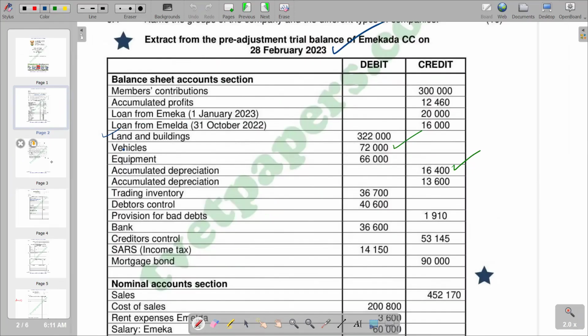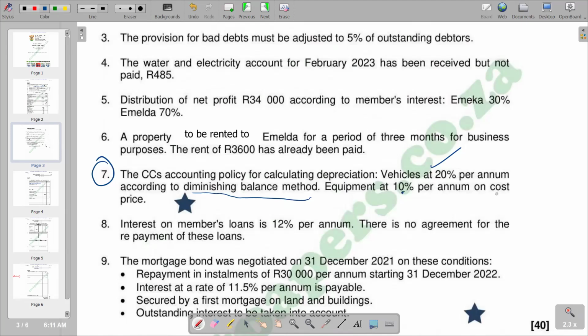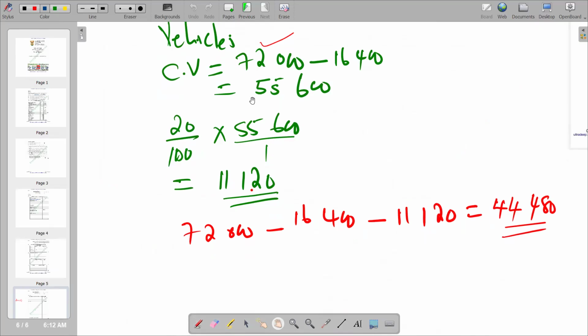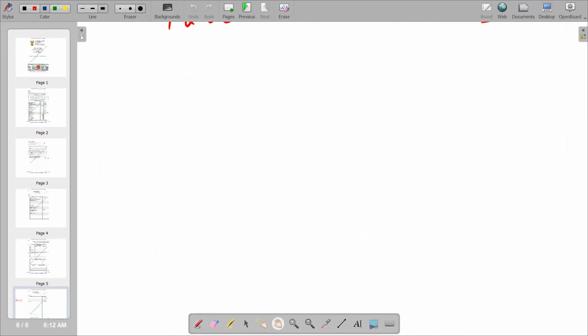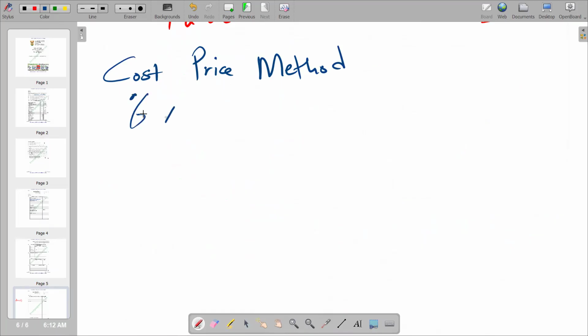Remember, we also have to calculate the carrying value for equipment. So for equipment, according to our additional information, we use 10% per annum on cost. So this is the cost price method that we are using, or the straight line method, which says percentage times cost. So we are now calculating depreciation: percentage times cost.